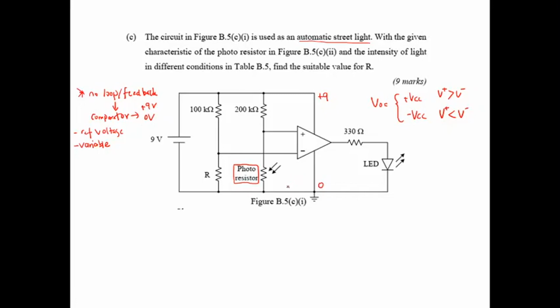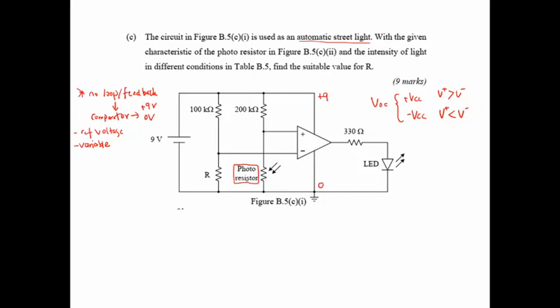If the ambient is dark, it will have a different resistance value in comparison to when there is light in the daytime.